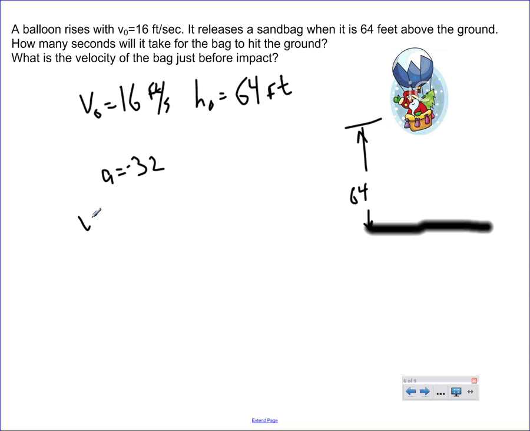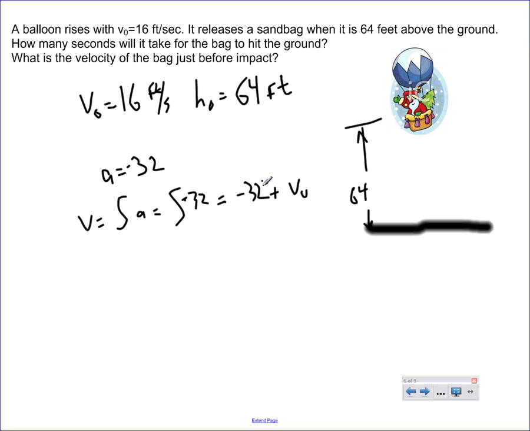If we want a velocity, velocity is the integral of acceleration, which is the integral of negative 32, which is negative 32t plus some constant, and the constant in this case is going to be my initial velocity.